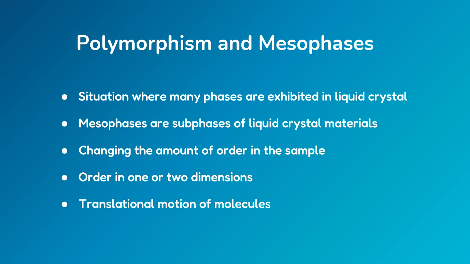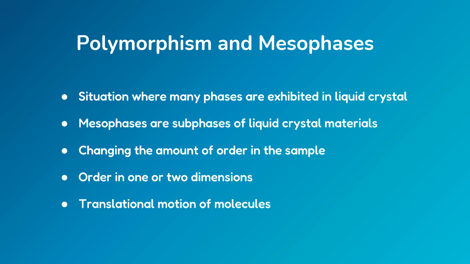So what are polymorphism and mesophases? Polymorphism is the situation in which many phases are exhibited in the liquid crystalline form. It is a condition present in the majority of liquid crystal substances. The term mesophase is used to describe the subphases of a liquid crystal material.